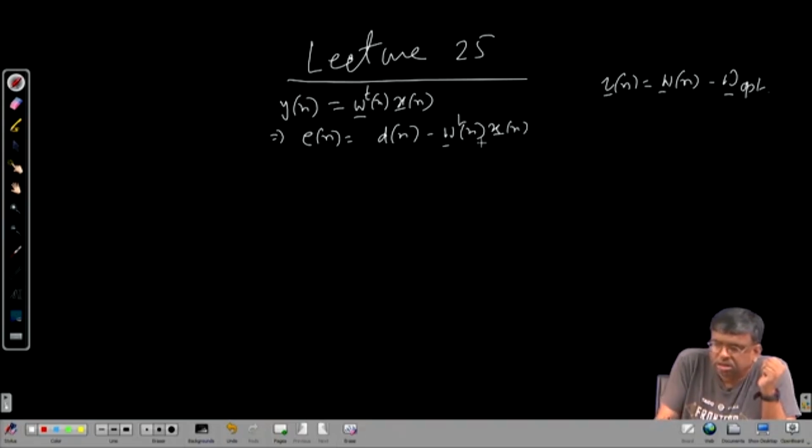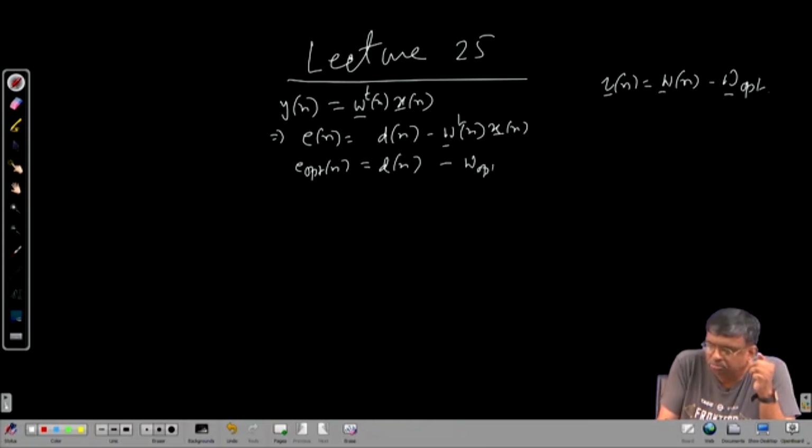Since I am not using W opt here, this error will have variance power higher than that of the case when I use W opt, Dn minus W opt transpose xn. And that error is called E opt n, where Dn remains as it is.